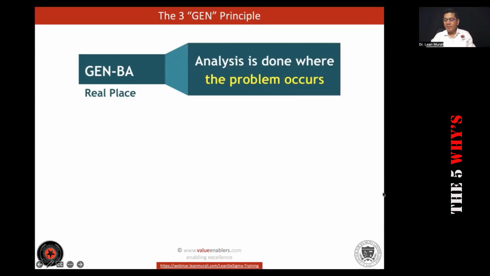How many of you agree with me? So you should go to that shop floor where the product was murdered or the accident happened to the product. Go to Gemba, which means the shop floor or workplace where this problem has happened.